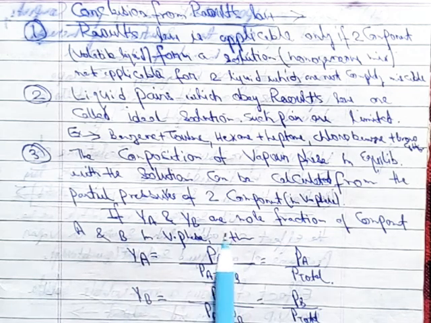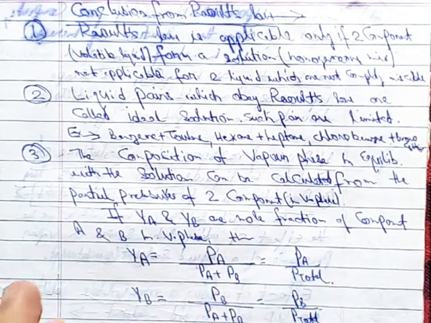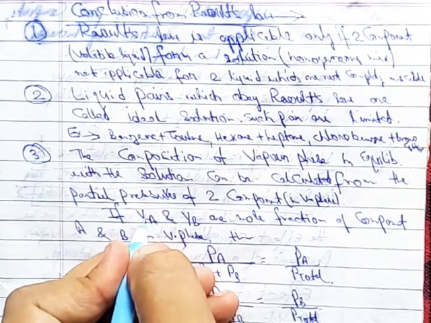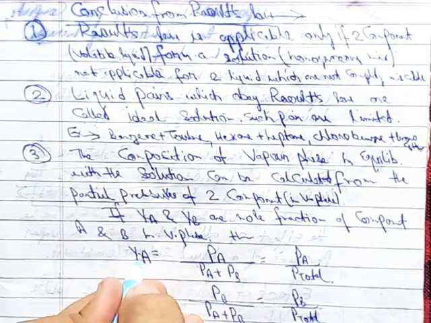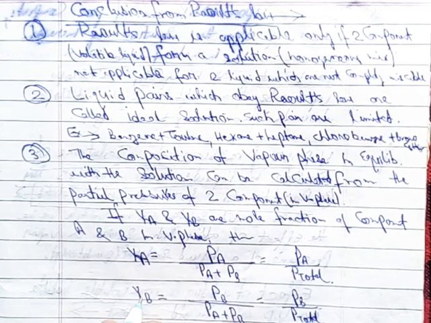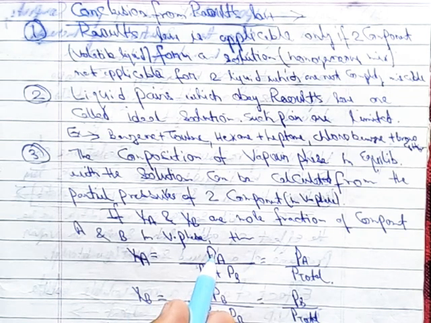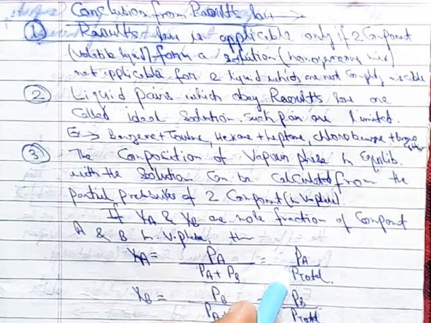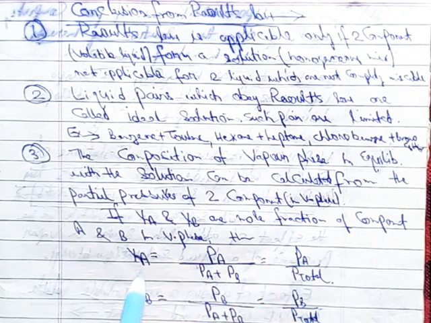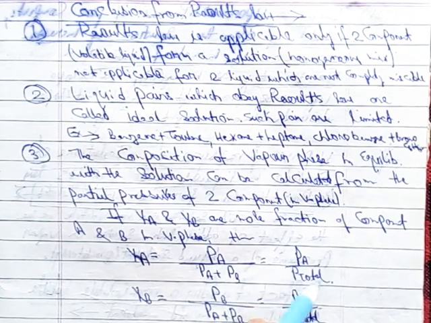If YA and YB are the mole fractions of components A and B in the vapor phase, then the mole fraction of A is equal to the partial pressure of A divided by the partial pressure of A plus the partial pressure of B. Instead, we can even write that the mole fraction of A is equal to the partial pressure of A divided by P total, because that is the combination of all.